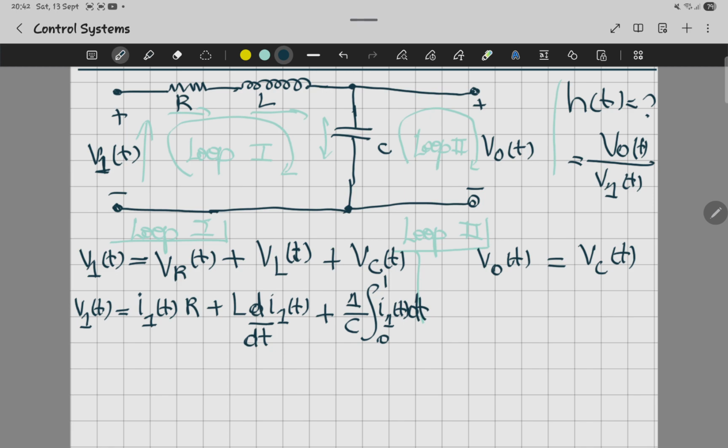This is what we get for the capacitor voltage. And then for V out, since we're working with the second loop, it's going to be 1 over C integral from 0 to t of i dt. So this is what you're going to get if you write it in the time domain.